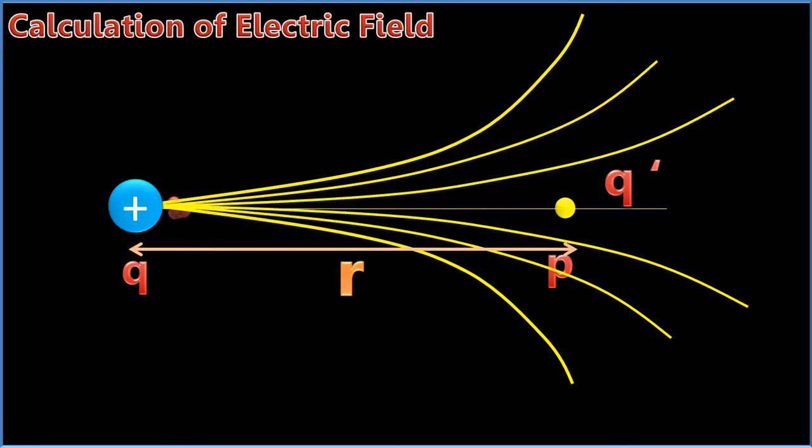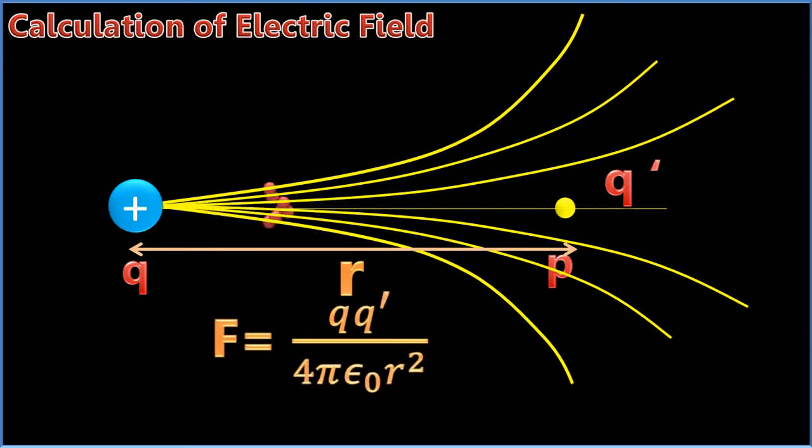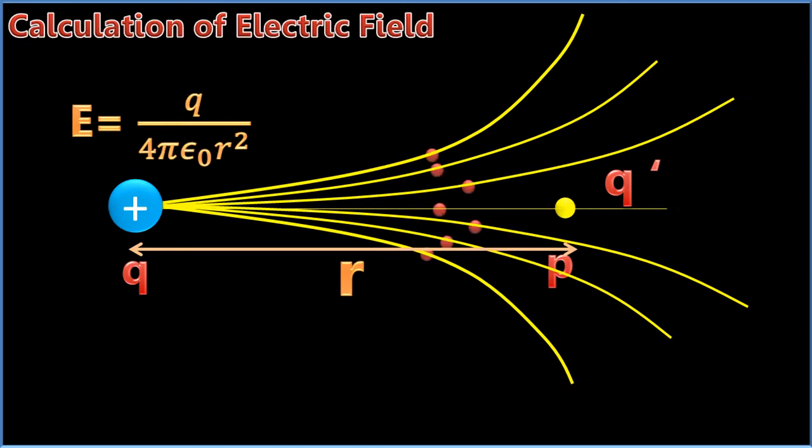F is equal to Q Q dash by 4 pi epsilon 0 r square. Electric field at P is E is equal to Q by 4 pi epsilon 0 r square. The direction of the field is away from the charge Q if it is positive.